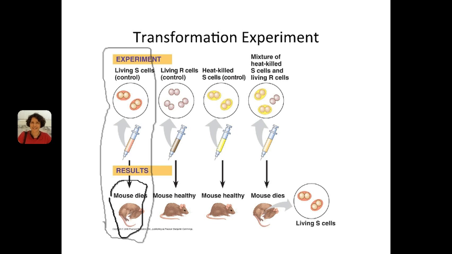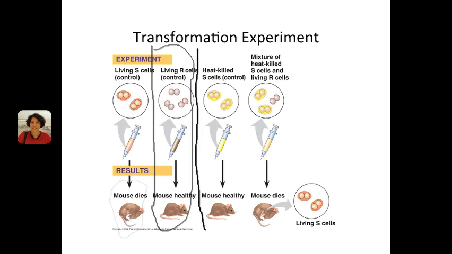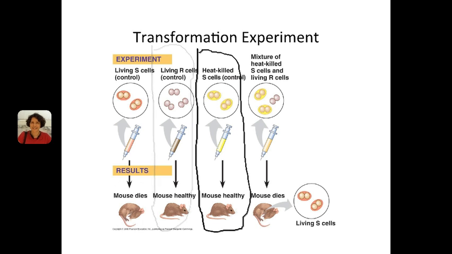If instead of using the S strain, he used the R strain and injected living cells of the R strain, the mouse stayed alive and healthy. If he used the S strain, but before injecting the bacteria into the mouse, he killed the bacteria by boiling them, then the mouse would stay healthy also. He was injecting dead bacteria into them.